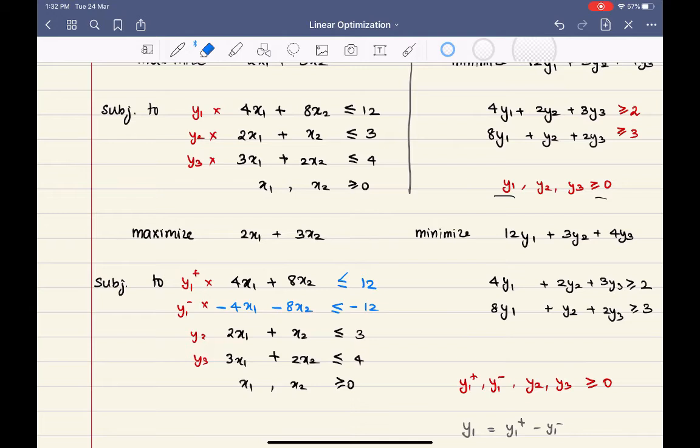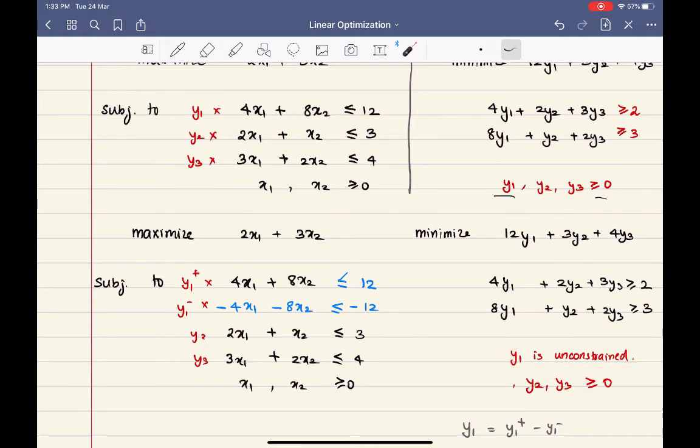So this is the main change. We just say that y1 is unconstrained. Whenever we started off with an equality here, the corresponding y1 should be unconstrained.